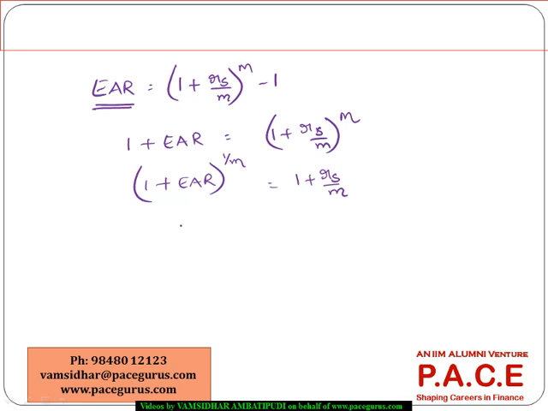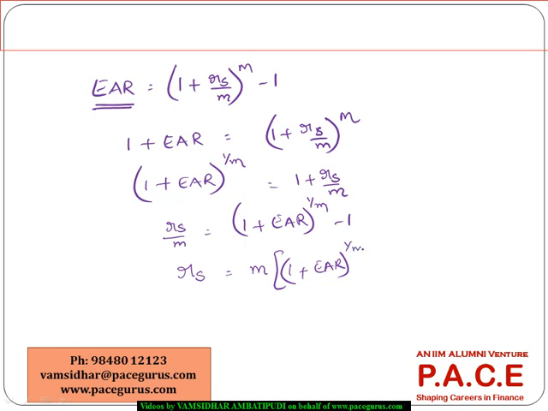Taking 1 to the other side, rs by m is equal to 1 plus EAR to the power 1 by m minus 1. And from here I get the stated rate of interest as m times 1 plus EAR to the power 1 by m minus 1.